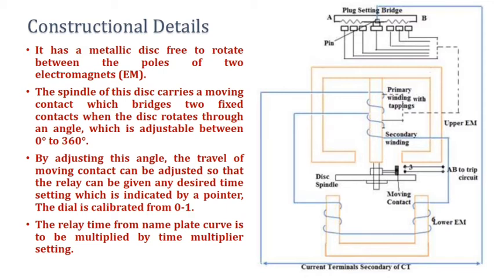The relay time from the nameplate curve is to be multiplied by that time multiplier setting. This is a plug setting bridge, where with different types of connections at A and B we can set the pickup current of the relay, and it is also called the current setting. The plug setting multiplier is set from this dial.